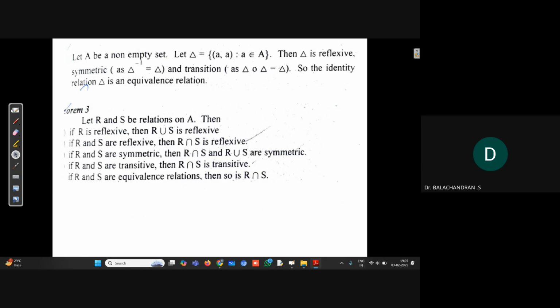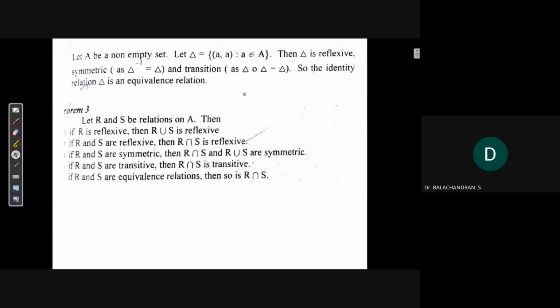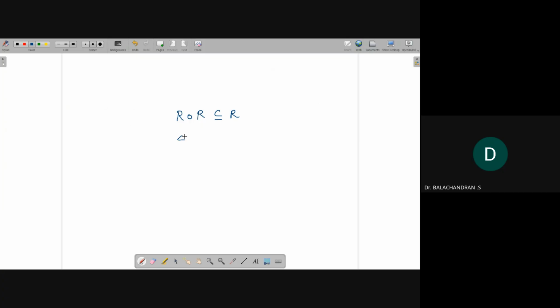And then transitive. I told transitive, not transition. So delta composition delta is a subset of delta, because for transitive, I told this condition: R composition R is a subset of R, may be equal. So here delta composition delta is equal to delta.